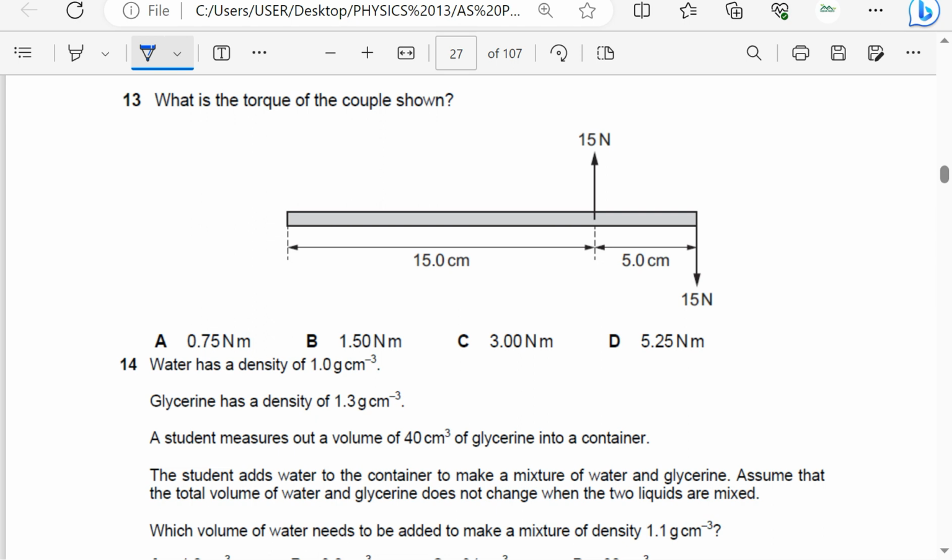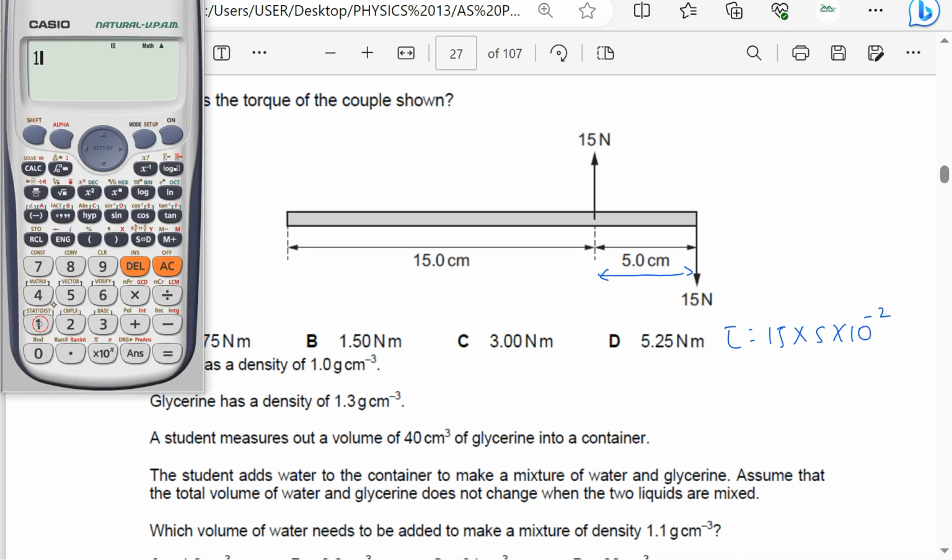So we want the torque of the couple, which is the product of one of the forces and the perpendicular distance between the two forces. So the torque is going to be one of the forces, which is 15, times the perpendicular distance between the two forces, which is 5 times 10 power negative 2 to change it to meters. So that is 15 times 5 times 10 to the negative 2. So this is 0.75.